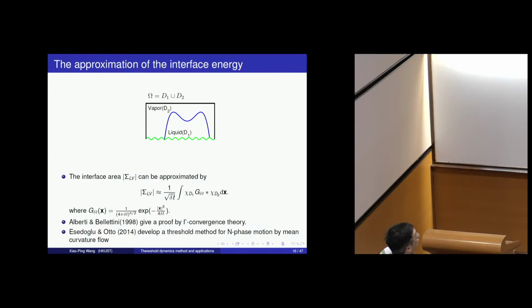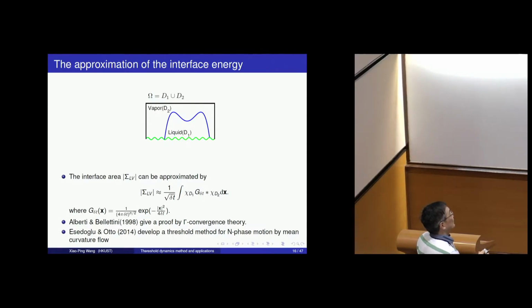Our approach is to use a different formulation. It is well known that for the interface between 2 domains, D1 and D2 in this case, in 2 dimensions, the length of the interface can be approximated by a heat kernel convolution with the respective characteristic functions.